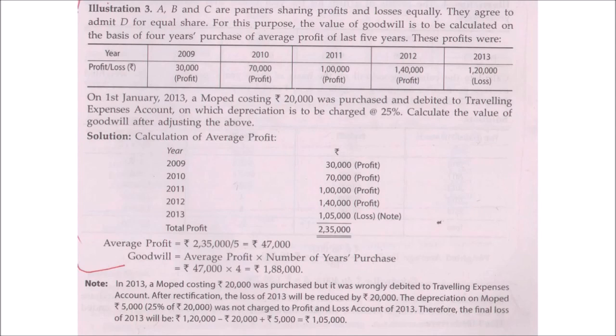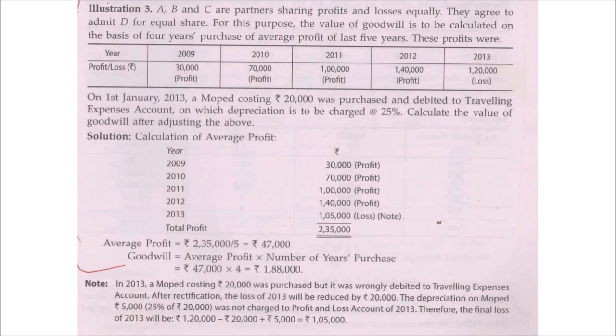It is loss. That is the reason, first of all, you will have to subtract. That is the only reason we are subtracting the amount of expenses wrongly treated. Actually, it is a profit. In the case of profit, we will add back the amount.